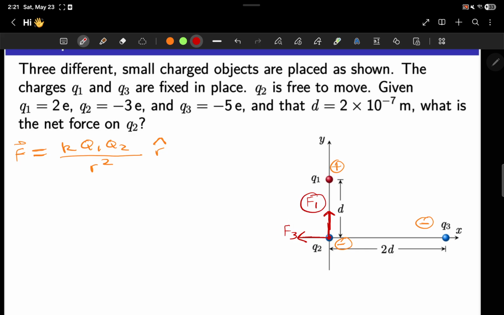That is the force from charge 1 onto charge 2. So we always start by finding magnitudes of the forces. When I take the magnitude of this equation, the signs of the charges become positive.